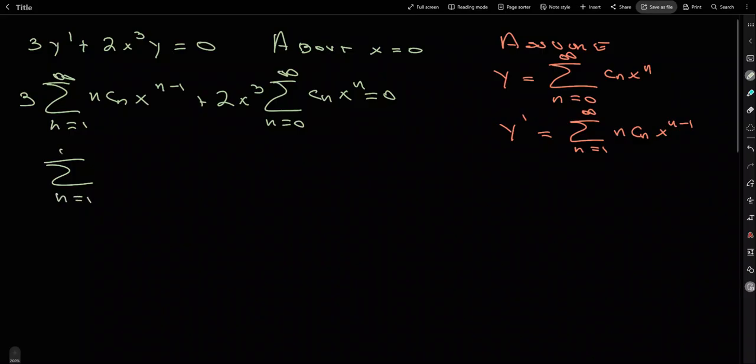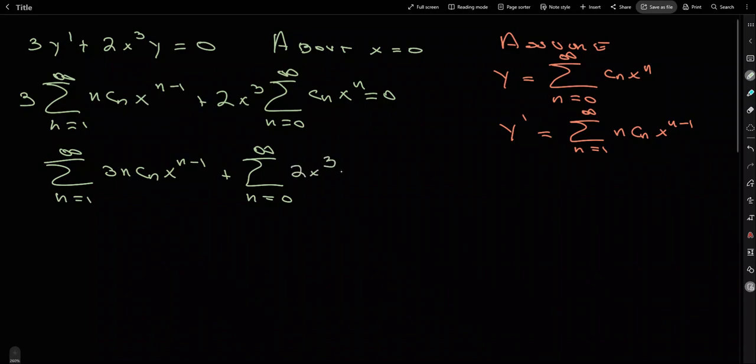Sigma n equals 1 to infinity of 3n c sub n x to the n minus 1, plus sigma n equals 0 to infinity of 2 c sub n x to the n plus 3, and let that be equal to 0. Again, the n plus 3 comes from multiplying the two x's; all we do is add the exponents.